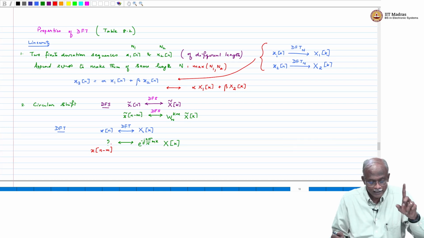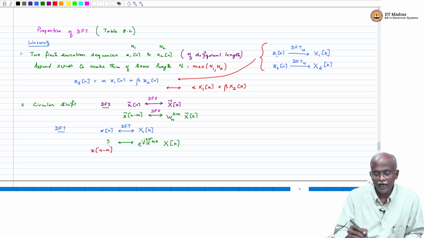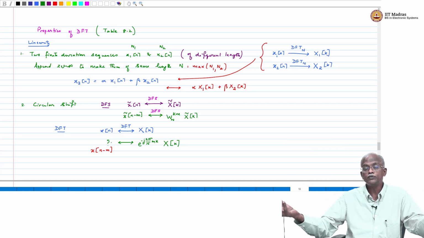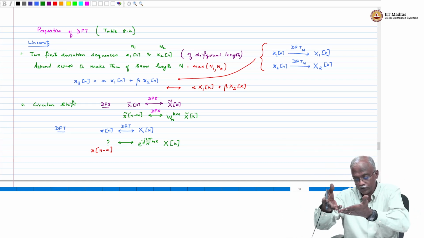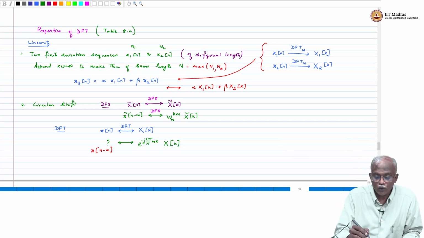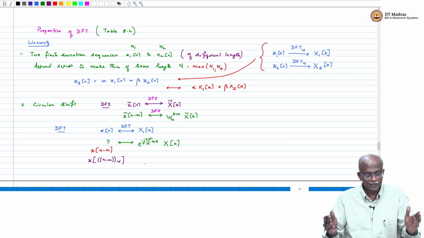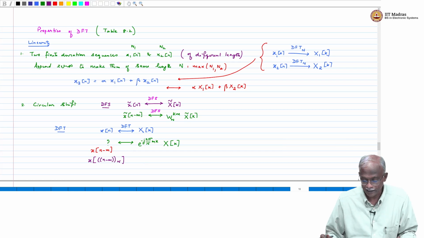The answer is almost correct, except that this n minus m may go outside the range of 0 to N minus 1. Supposing you substitute n equal to 0, then you get a negative value. So what should this be equal to? This should be interpreted as n minus m modulo N. Then you will have the correct answer.